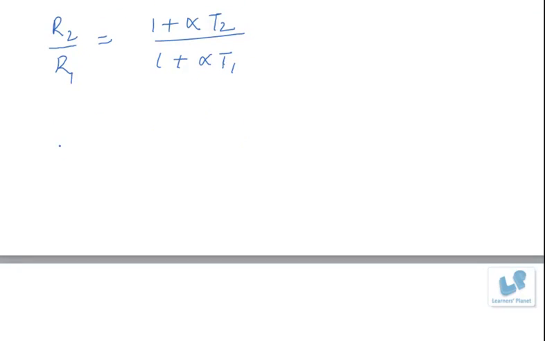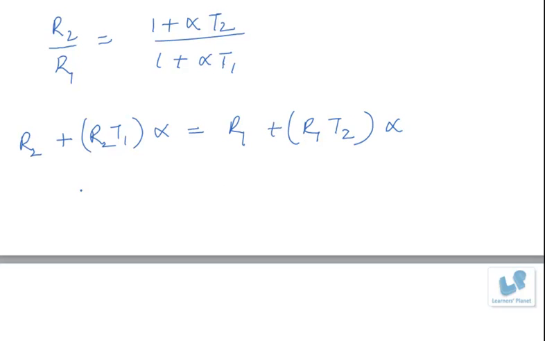Okay, now if we cross multiply we will get R2 plus R2 T1 times alpha is equal to R1 plus R1 T2 times alpha. Therefore alpha can be written as R2 minus R1 divided by R1 T2 minus R2 T1.